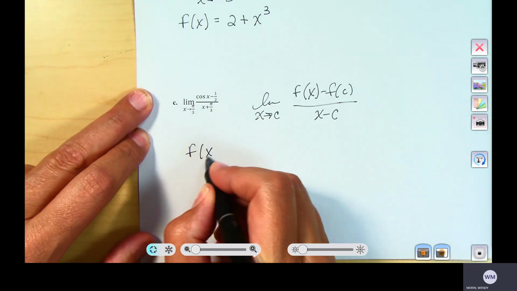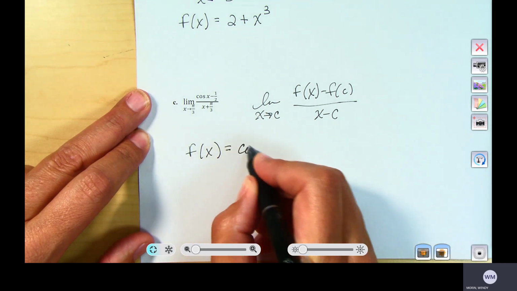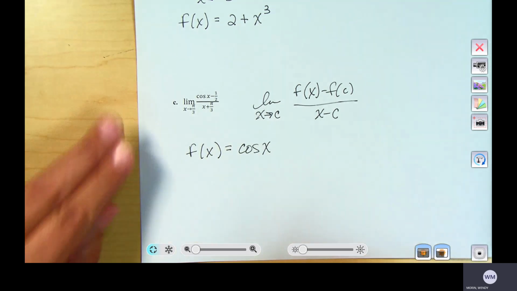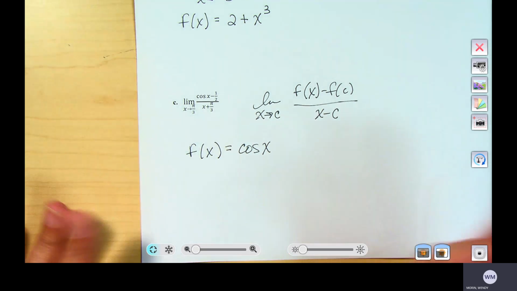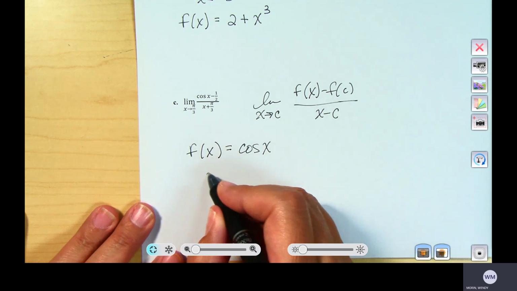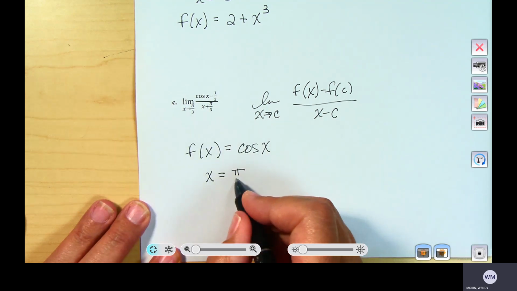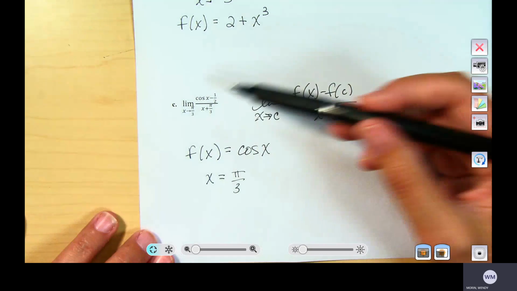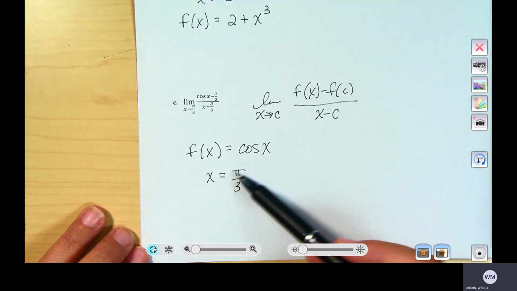So f of x equals the cosine of x. And our c value, or our x value that we are using, is pi over 3. So this right here, 1/2, is the cosine of pi over 3.